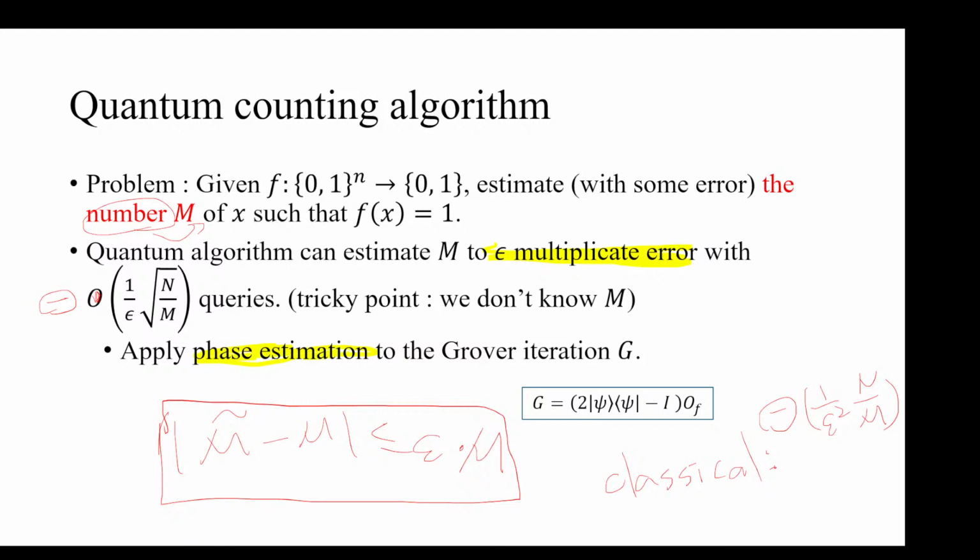So the algorithm is to apply phase estimation, and this is related to Grover's algorithm: you do phase estimation on your Grover iteration G. Just as a reminder, the Grover iteration is two reflections. First a reflection around the oracle O_f, and the second a reflection around your uniform superposition state psi. Okay, and so that's the quantum counting problem and how the algorithm is going to work.